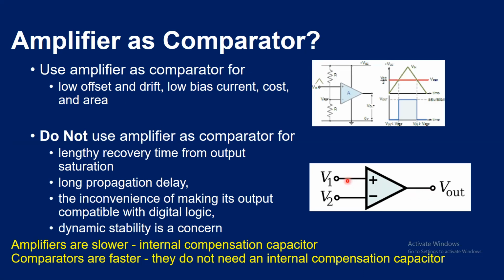That is the offset voltage. Also, if you require low bias current, then use an amplifier as a comparator.